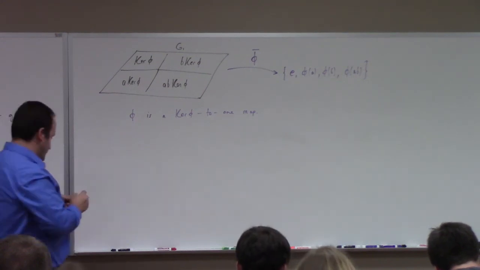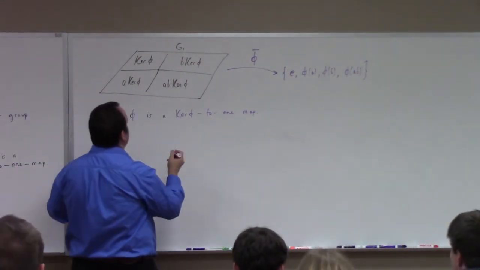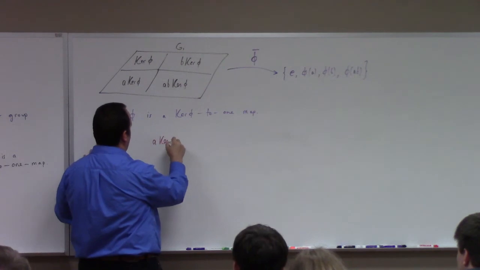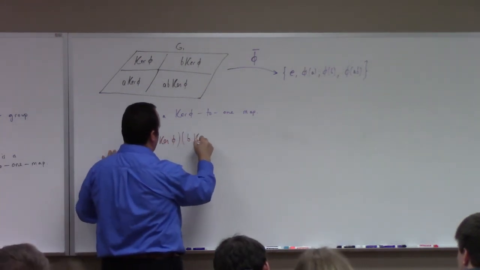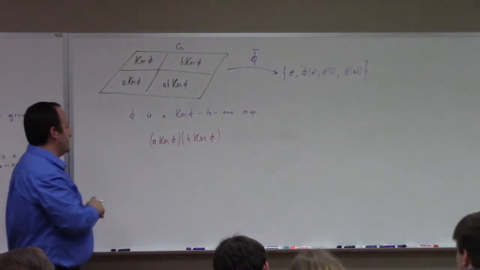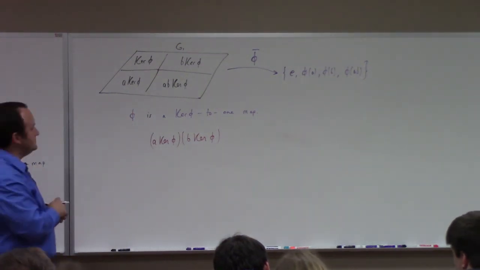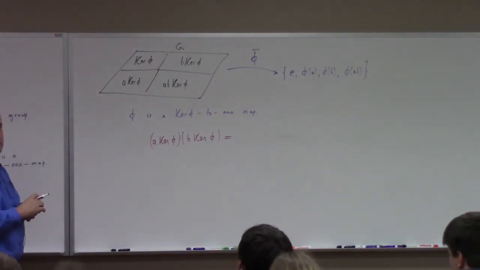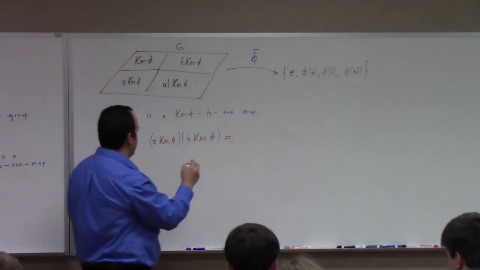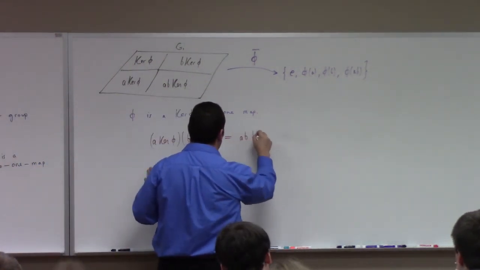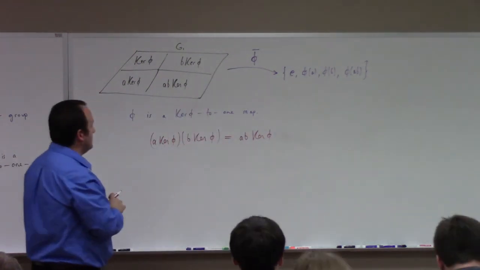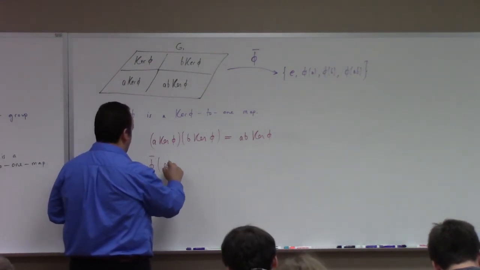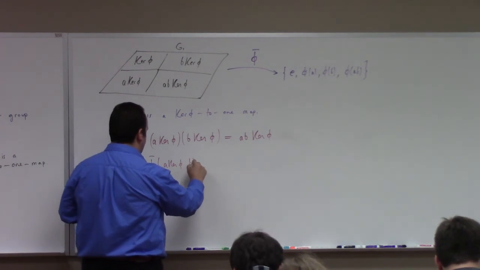Let's see here. So how does this work? A kernel phi times B kernel phi, how's that work? That's a coset space. How do we multiply those? AB kernel phi, yeah. So you see what you have is phi bar of A kernel phi times B kernel phi.